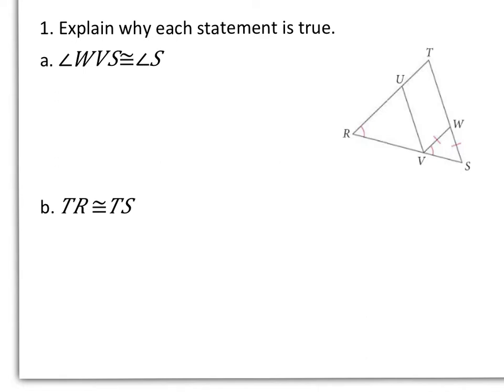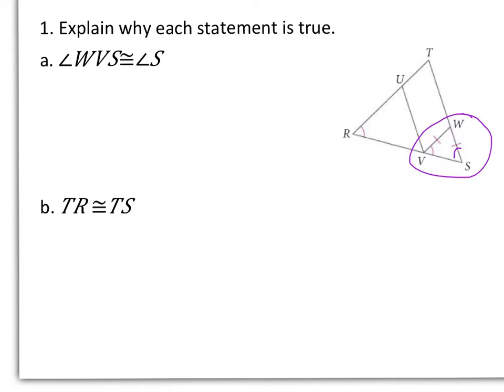Okay, in example 1, we want to explain why each statement is true. In letter A, it says angle WVS is congruent to angle S. So we are looking at this triangle down here. We see that side WV is congruent to side WS. So that means that our two angles must be congruent because of the isosceles triangle theorem.